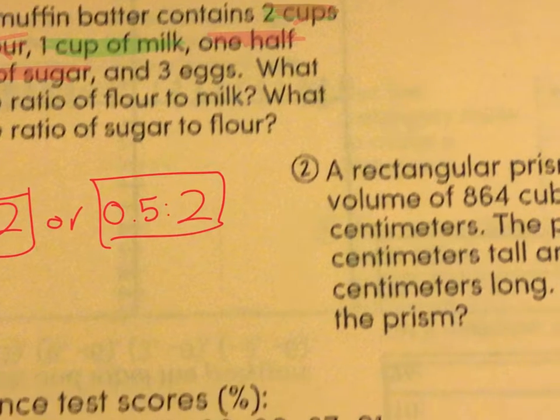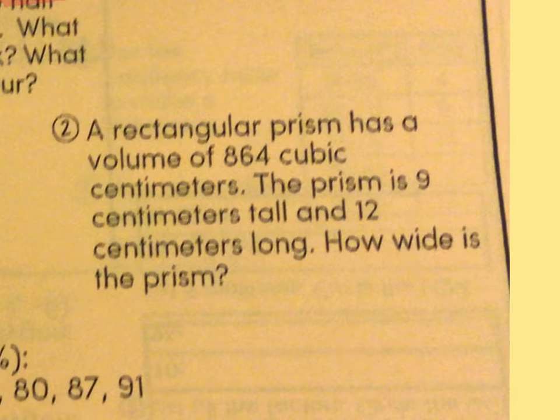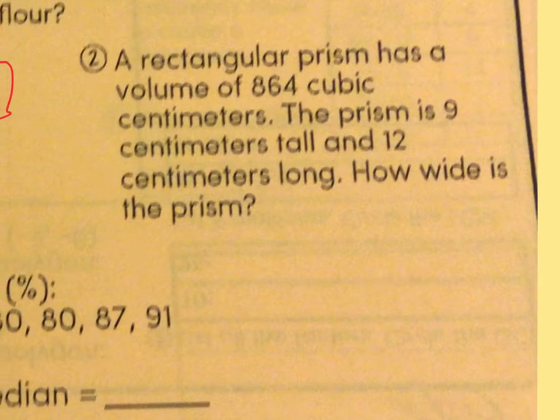So there you go. Number 2, a rectangular prism has a volume of 864 cubic centimeters. The prism is 9 centimeters tall and 12 centimeters long. How wide is it? Okay, so if you remember the formula for finding volume of a 3D rectangular prism, it is length times height times width equals volume.